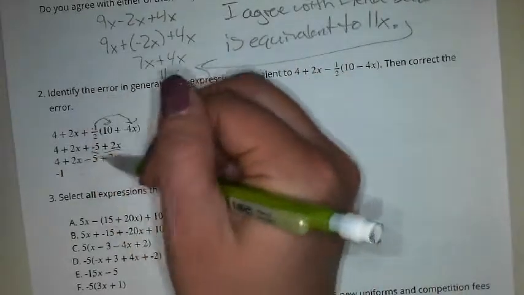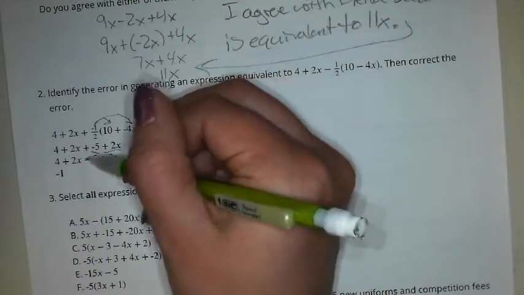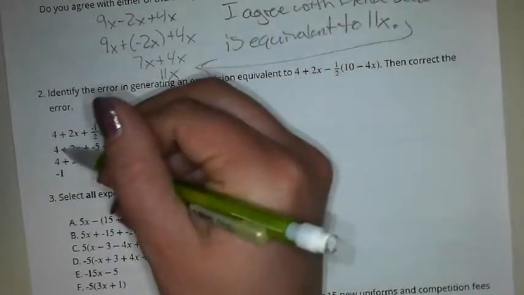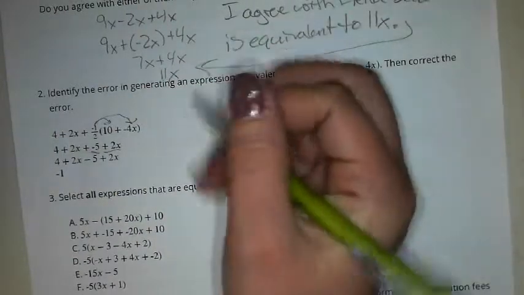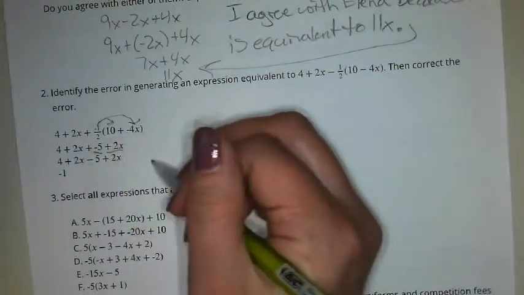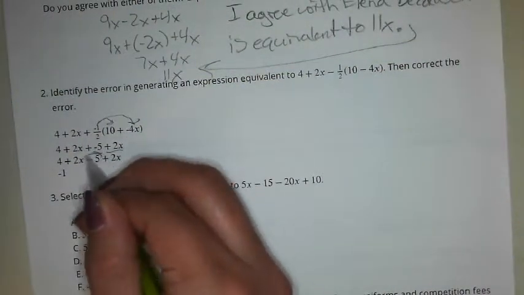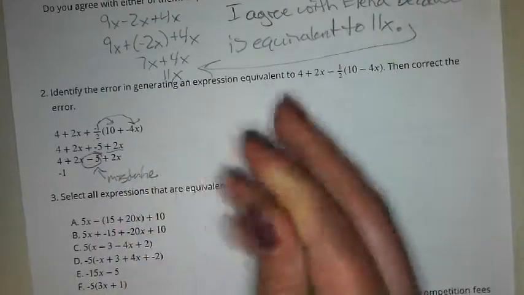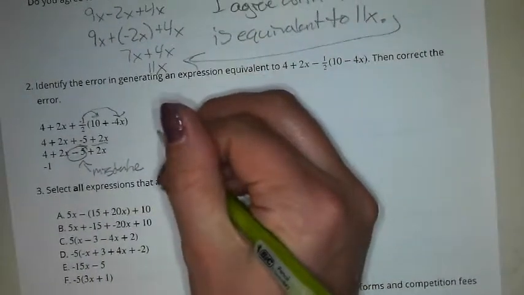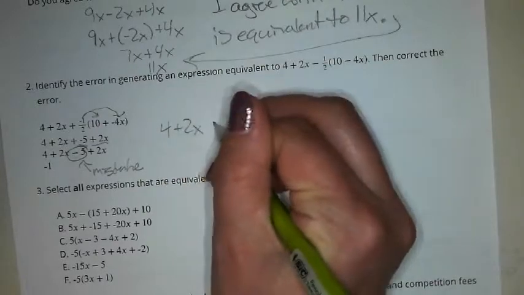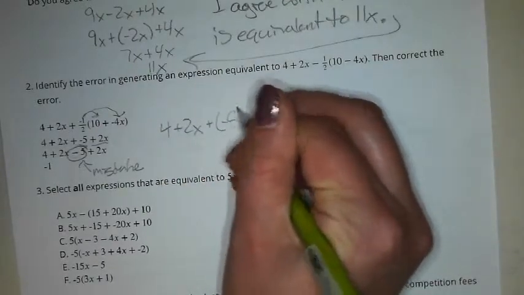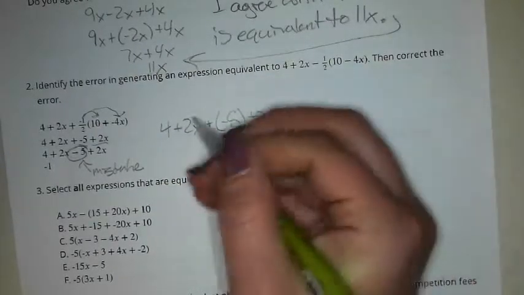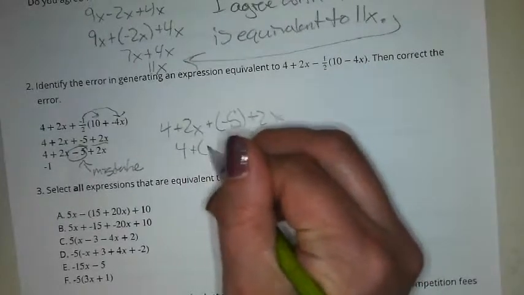And then the next row, well, I don't understand why they changed it to subtraction. Having it all addition would make it easier to solve. So here, this is the mistake. So to correct that, when I have 4 plus 2x plus a negative 5 plus 2x, I could put all my like terms together.